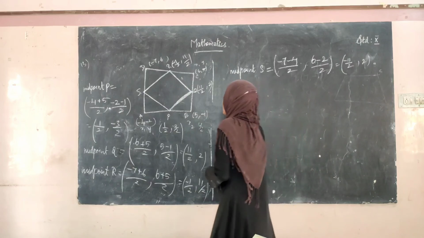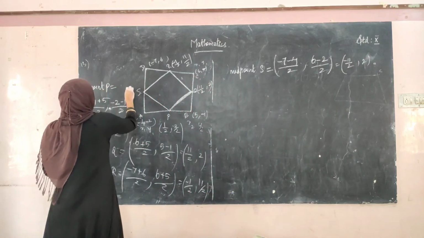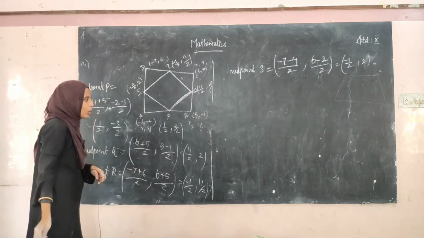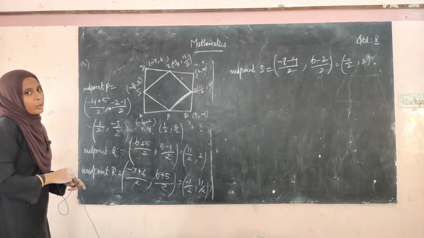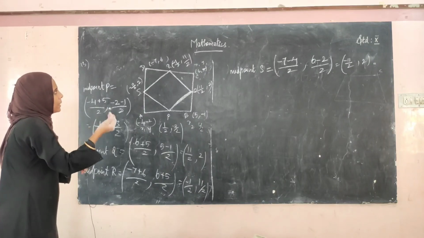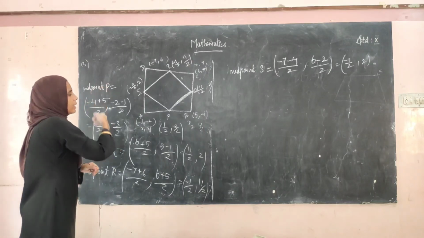So this is minus 11 by 2, comma 2. Okay, now we have found the midpoints. We have to prove this is a parallelogram, that is we have to find the slopes of PS, PQ, QR and then RS, right?